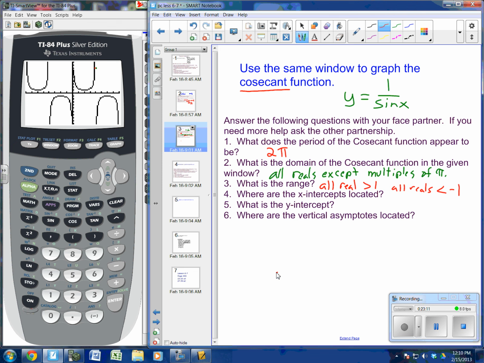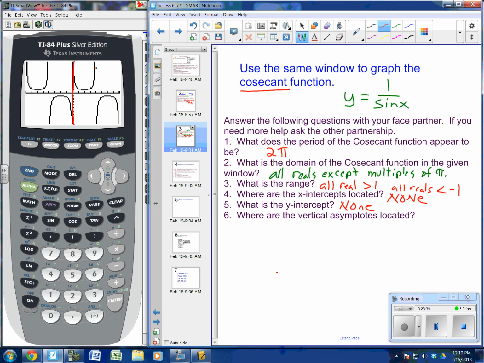Where are the x-intercepts located? Yeah, there are none, right? What is the y-intercept? None. It never crosses. There's an asymptote along the y-axis, so none.